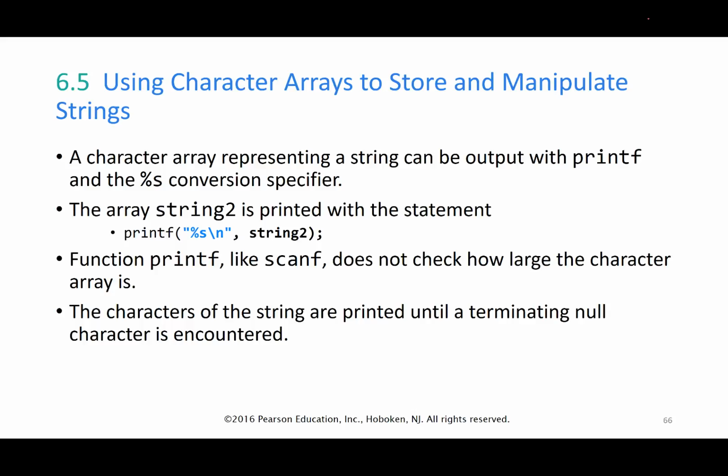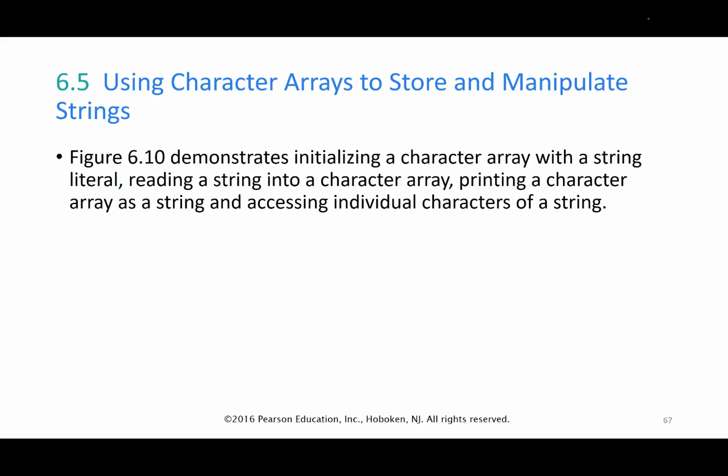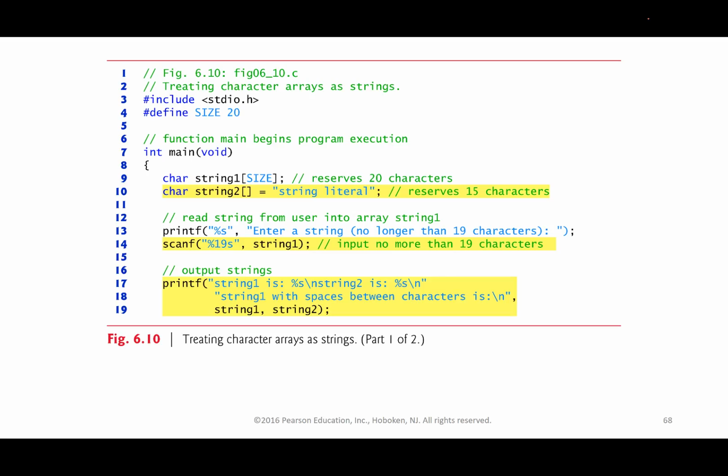The printf doesn't check that, but it knows that when I did the scanf, I gave the 19. The 20th element in the array is going to be equal to the null character.